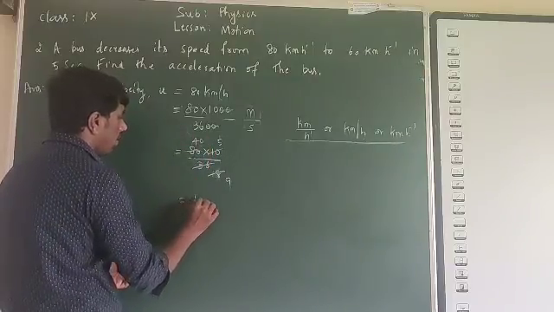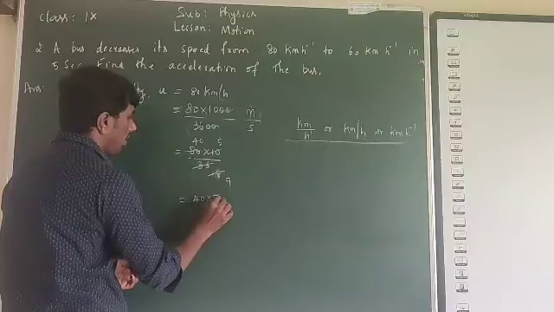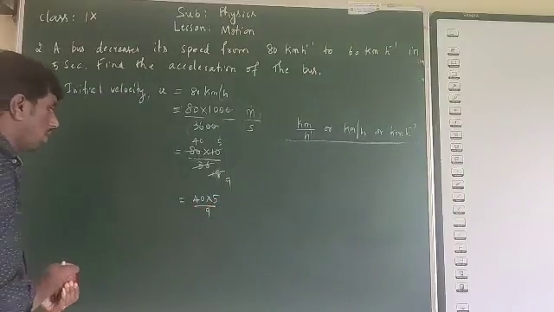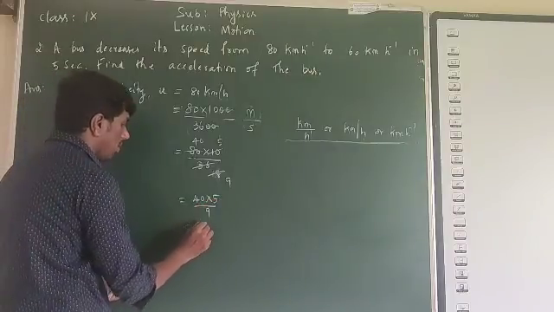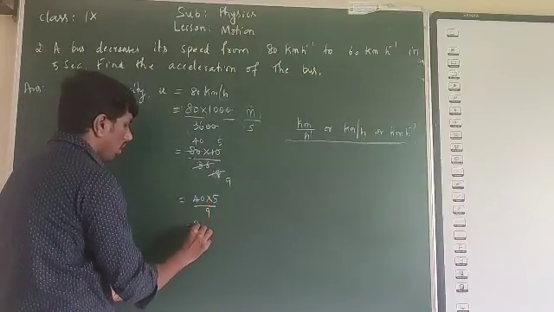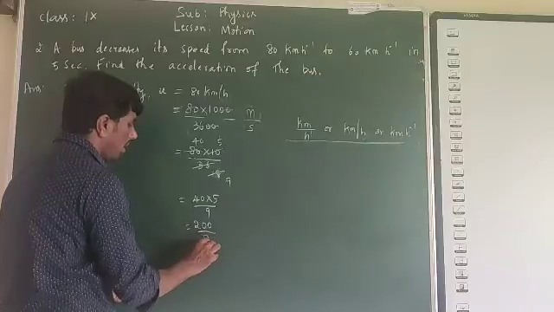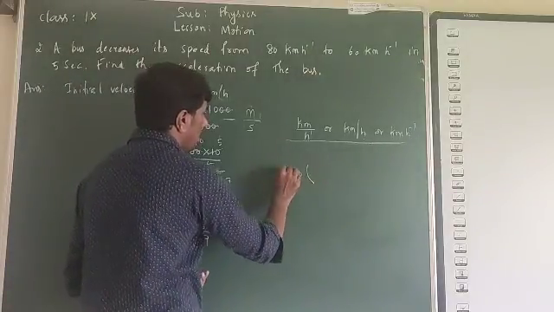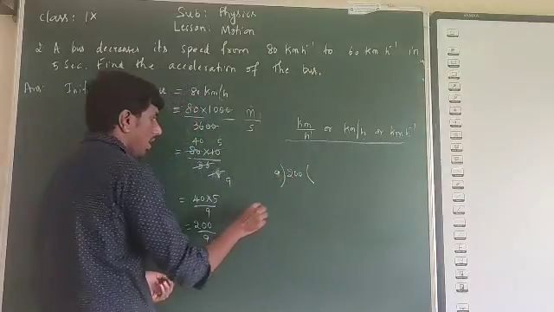Right? So what is remaining now? 40 into 5, in the denominator we have 9. Correct? Now 40 into 5 will become 200 by 9. So divide 200 by 9. How much you are getting?